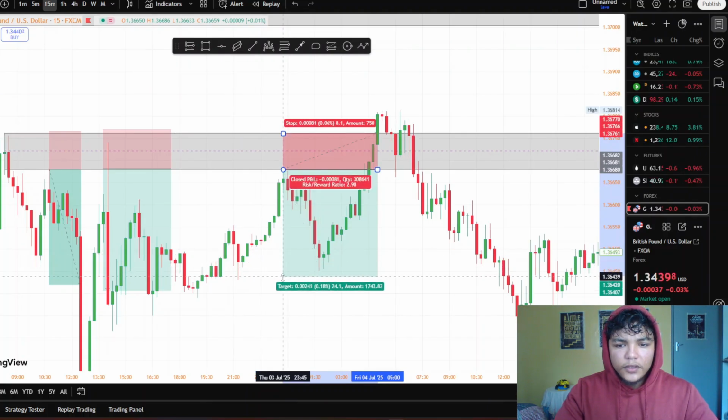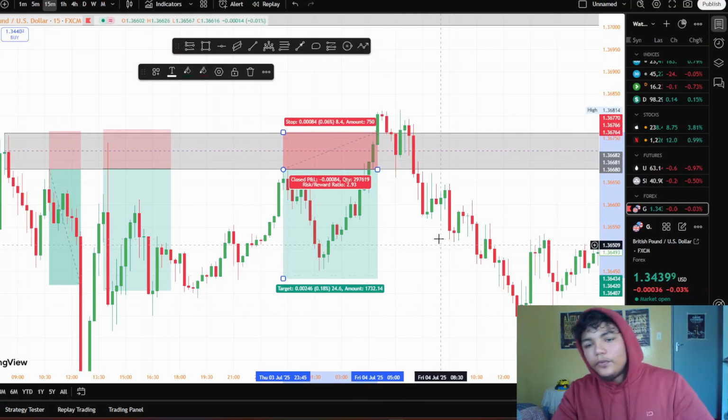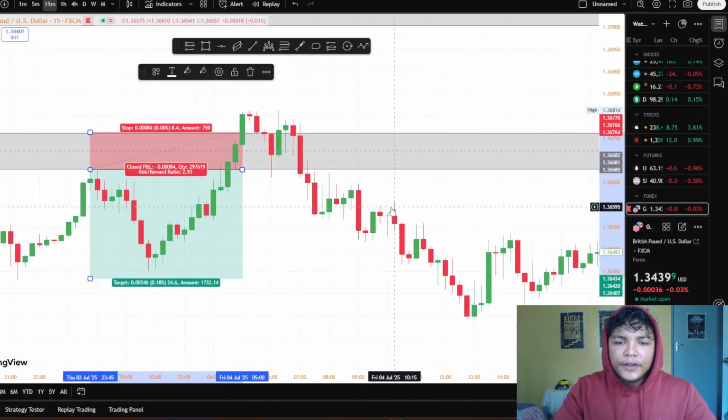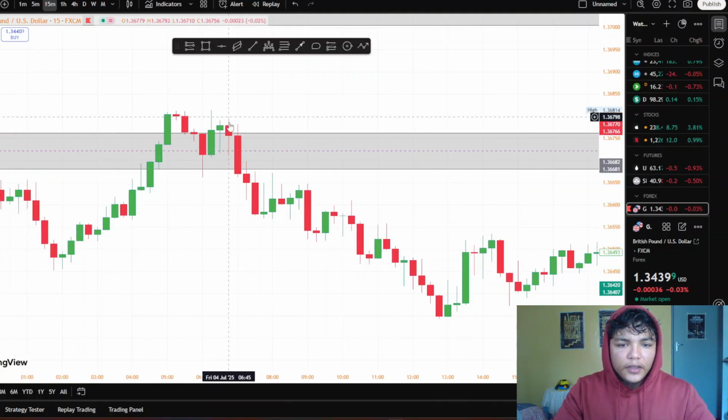Target a 1 to 3 risk to reward ratio. Stop loss right above. The market came, took your money, and then went in your direction again. So this one is another order block in the liquidity zone.